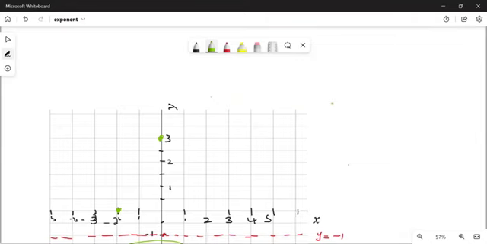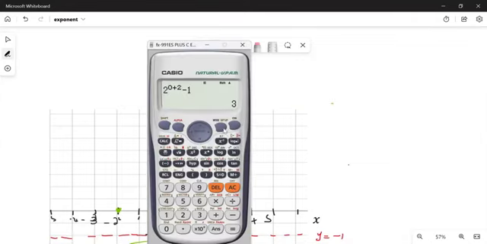Now, how do we draw our graph? Usually what we do is put it in a table. We're going to type this thing on our table exactly the way it is.